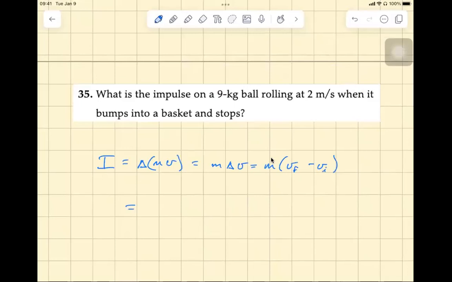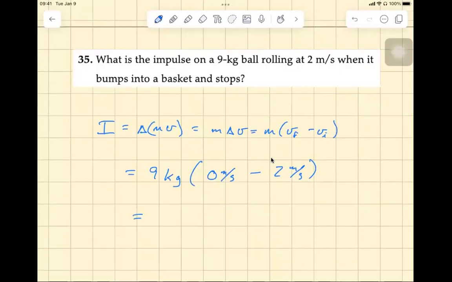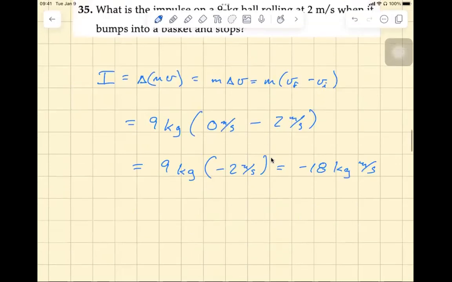The mass is 9 kilograms, multiplied by the final velocity. Well, it comes to a stop, so that's 0 meters per second minus 2 meters per second. So that's 9 kilograms times minus 2 meters per second, and that's equal to minus 18 kilogram meters per second. That's the impulse.